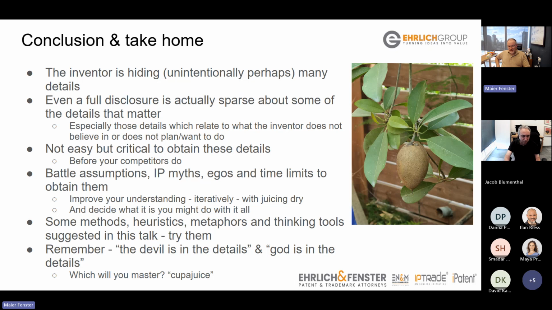And I read that Tangibly, I'm not sure, has a system which reads patents and identifies trade secrets hiding behind the patent. Well, forget trade secrets, details hiding behind the patent. You have all of these things you have to fight in order to do it. And I gave you methods, heuristics, metaphors, thinking tools. Please use them. And as my daughter used to say when she was very young, cup of juice.